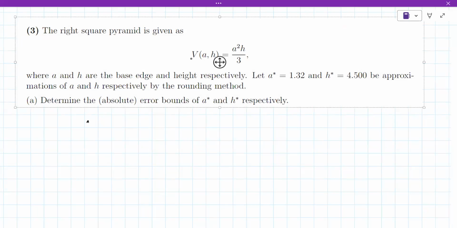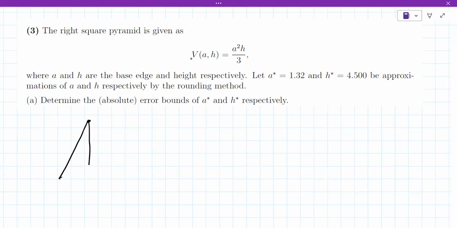If you wanted a picture here, it's a square pyramid, where these are sides A and the height is down the middle. They're telling you A star is 1.32 and H star is 4.5, and they want you to find the absolute error bounds of A star and H star respectively.